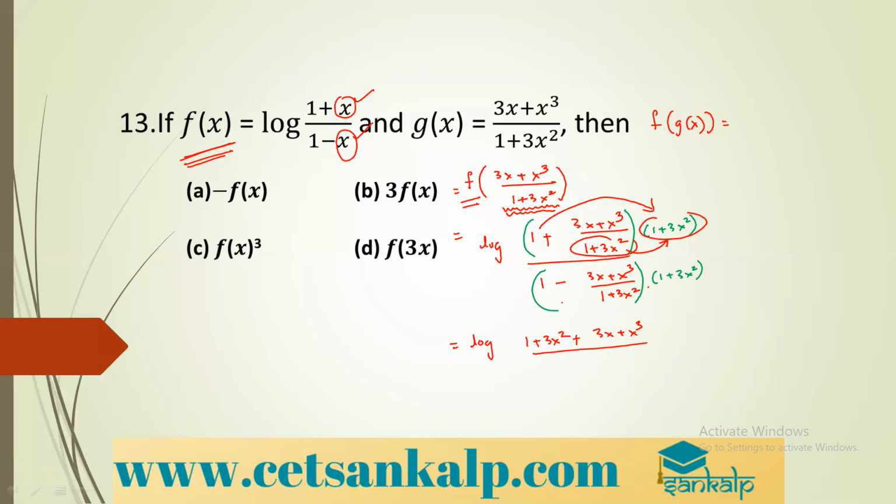Same way in denominator, multiply 1 by 1 plus 3x square minus, when you multiply 3x plus x cube with 1 plus 3x square, actually 1 plus 3x square will get cancelled. And you will have minus of 3x plus x. Minus 3x minus x.